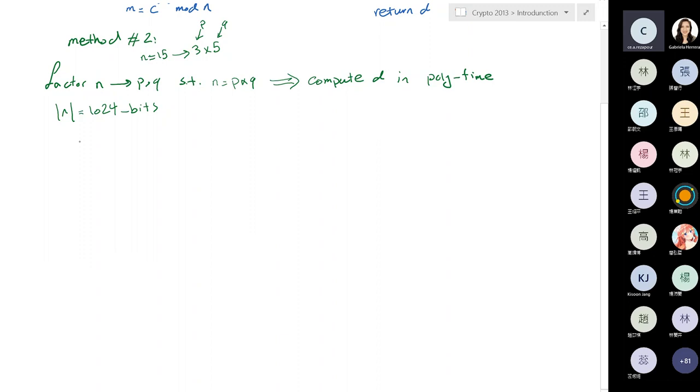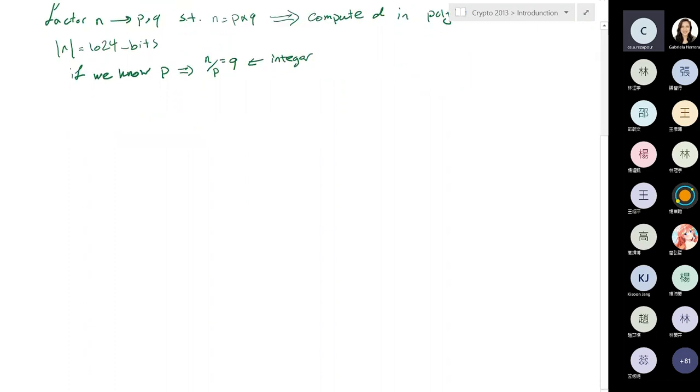So if we know p, suppose I give you p, then you can easily compute q, because n divided by p would be q, which is an integer. Interesting. So I don't have to find both p and q. I just have to find one of them.